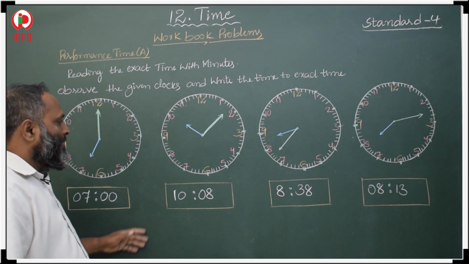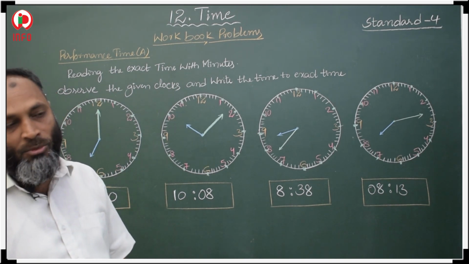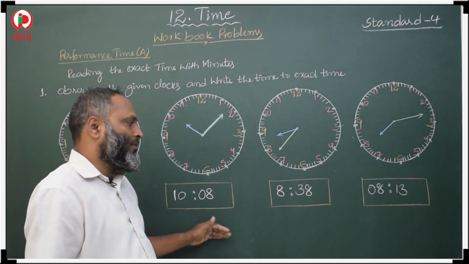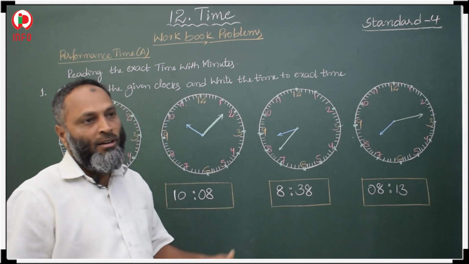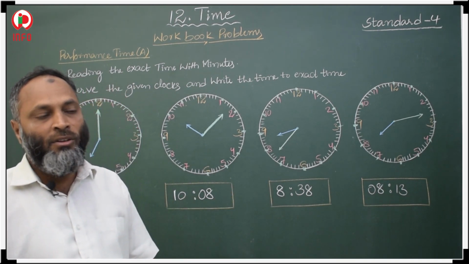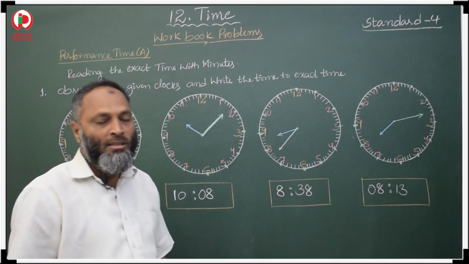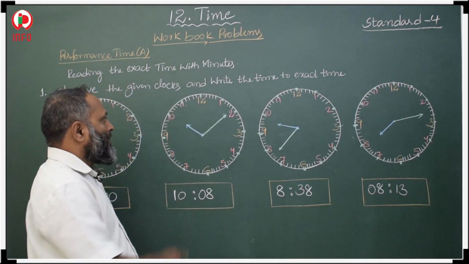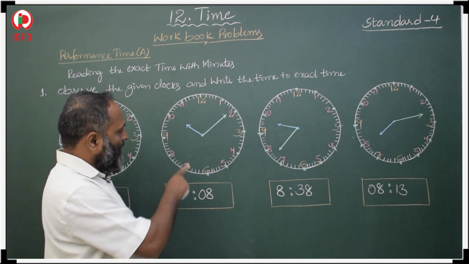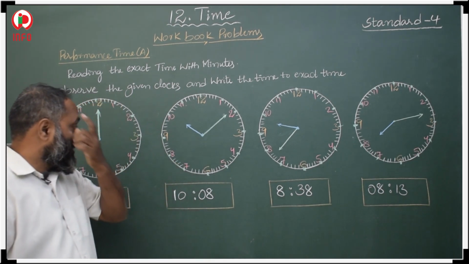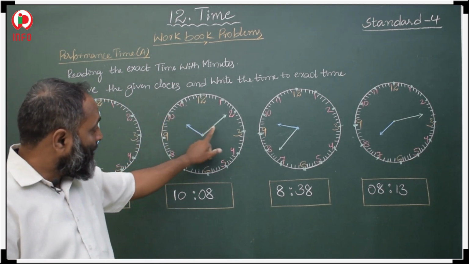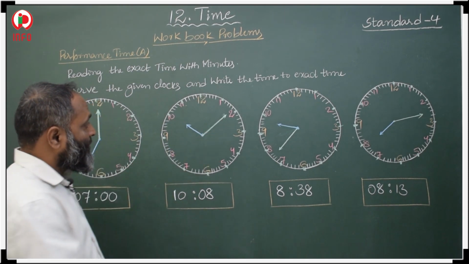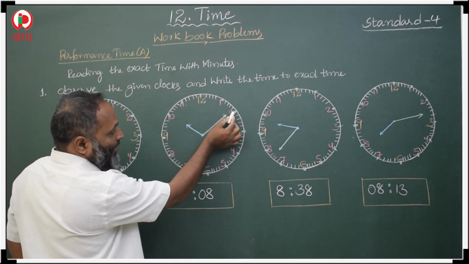After this, in your textbook one more similar question is given, so according to that write your answer. Okay students, see here, in your textbook the minutes hand is after 1 and before 2.